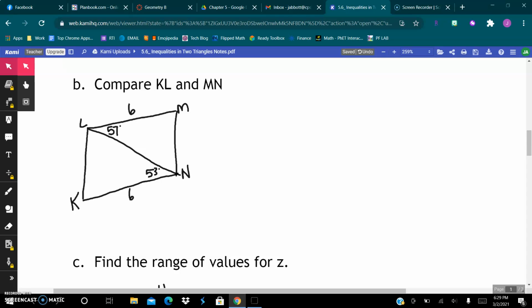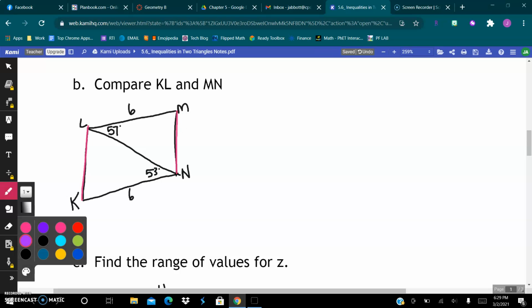For part B here, we're going to compare KL and MN. So KL is here, MN is here. We know the measure of this angle and we know the measure of this angle. So the sides that are opposite are what we're going to be comparing. The angle that measures 57 degrees is larger than the one that measures 53. So the side opposite of that angle is going to be our larger side.